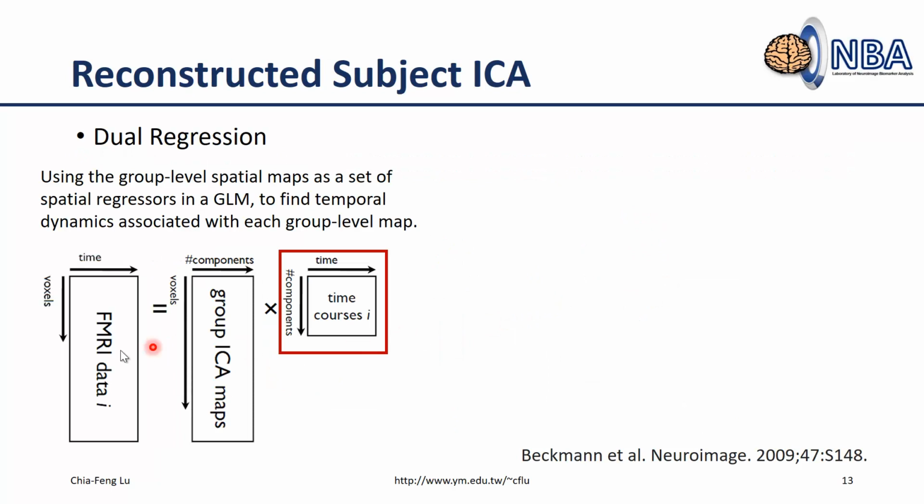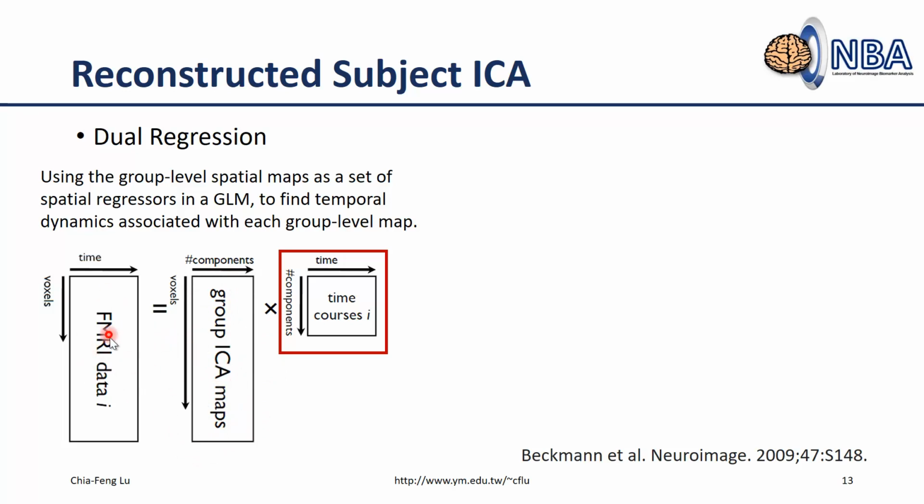So what you're going to do is replace the left-hand side. Now you only put the fMRI data for the specific subject. For example, now you focus on subject i, so you only put that fMRI data set right here. And this one is the group ICA that you obtained using the group-wise data set.